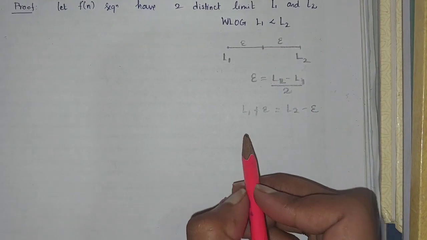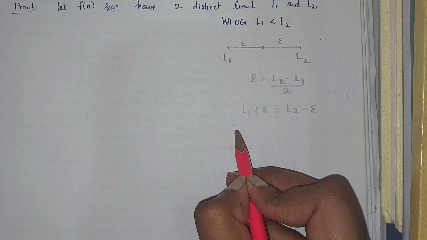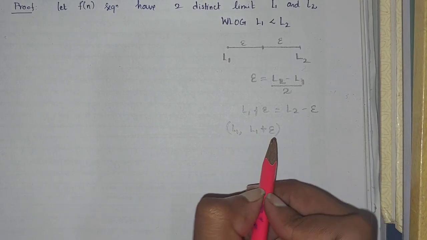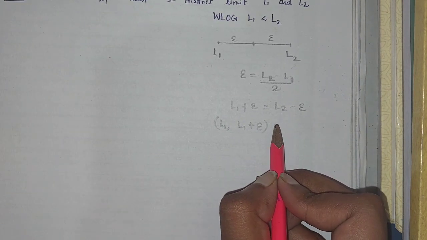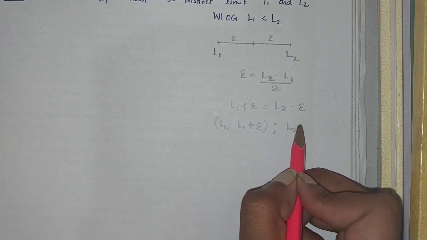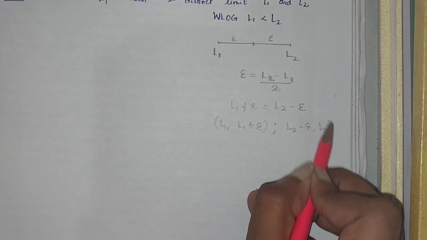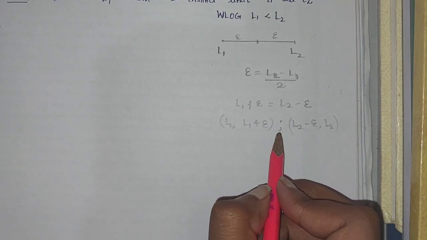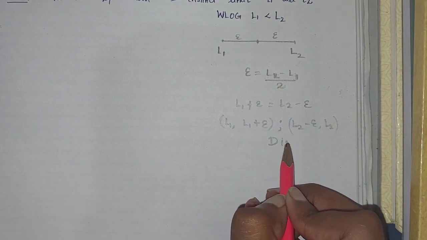Now I am constructing L1 comma L1 plus epsilon as one neighborhood, and another neighborhood L2 minus epsilon comma L2. These are the two neighborhoods, and I am constructing them so that they are disjoint.